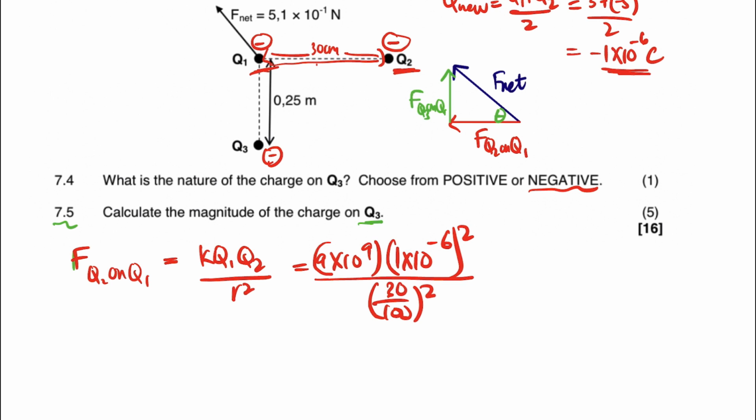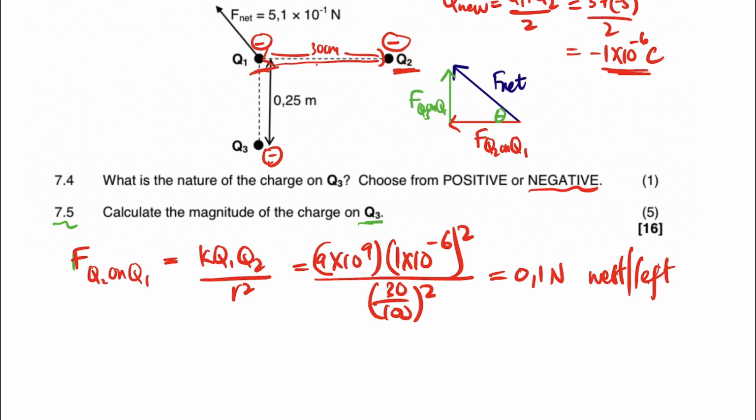And if you punch that in the calculator, your answer will be 0.1 newtons. And then what is the direction of that? The direction of Q2 is going to be west or left, because this one repels this one in that direction.